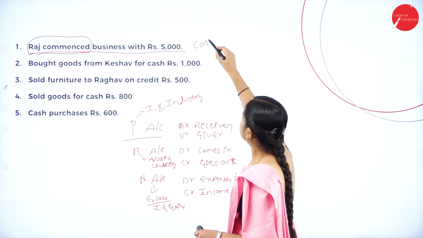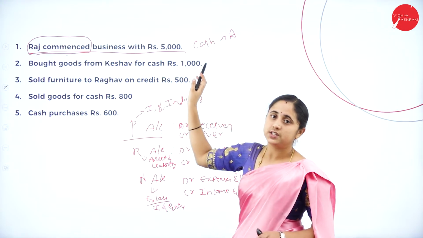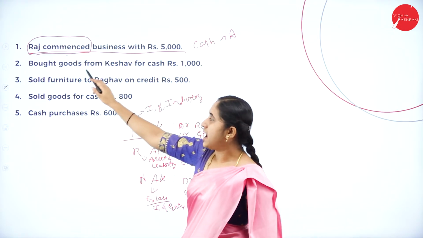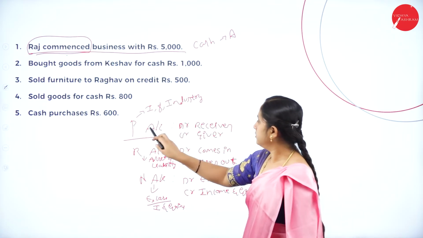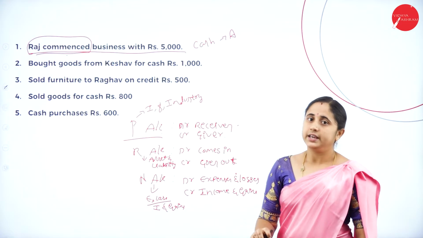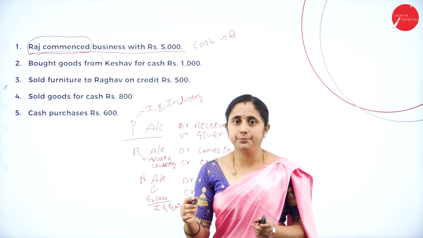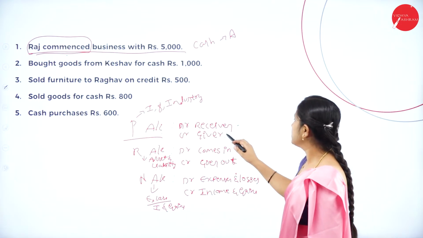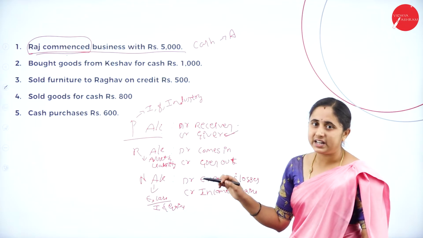Here, cash is an asset and Raj is a person. So, for a person, what is the rule? Debit the receiver, credit the giver. Here, Raj is giving the cash for starting the business. So, Raj account should be credited.